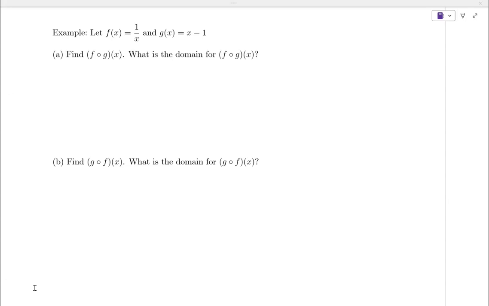So let's look at this one where we've got f of x is 1 over x and g of x is x minus 1. This problem's asking us to compose the two functions and then again asking us what the domain of the composition is. So again, when we do f composed with g of x, what does that mean again?